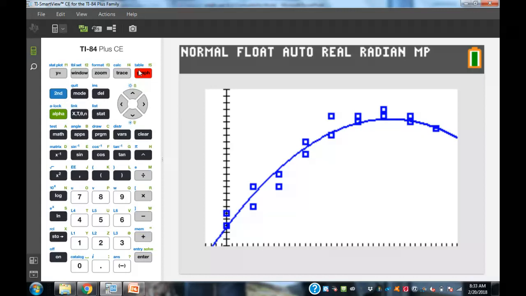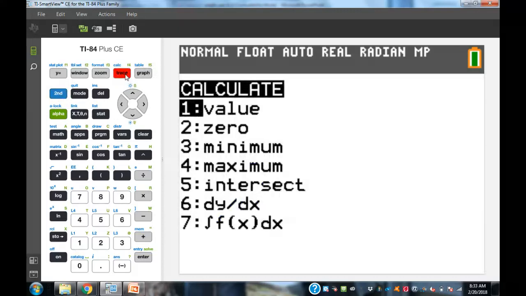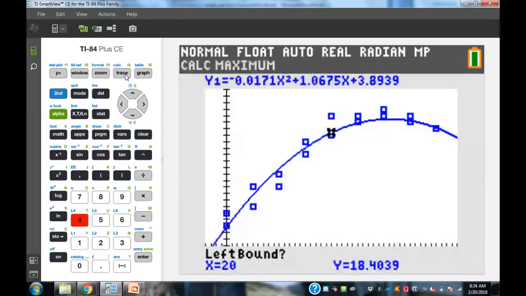What I want to do is find the maximum. We know it should be around there. Your calculator will actually help you find that if you have the graph. The way to do that is to hit second trace. We want to find the maximum, because we're dealing with a parabola that opens down. So that's option 4. It's going to ask you for a left bound.